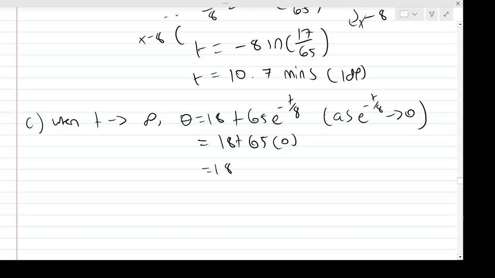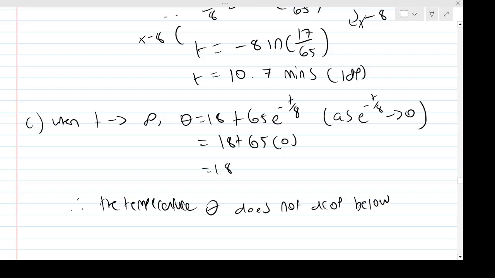But the long-term value is 18 when t goes to infinity, which means, therefore, the temperature theta does not drop below 18 degrees Celsius according to the model.